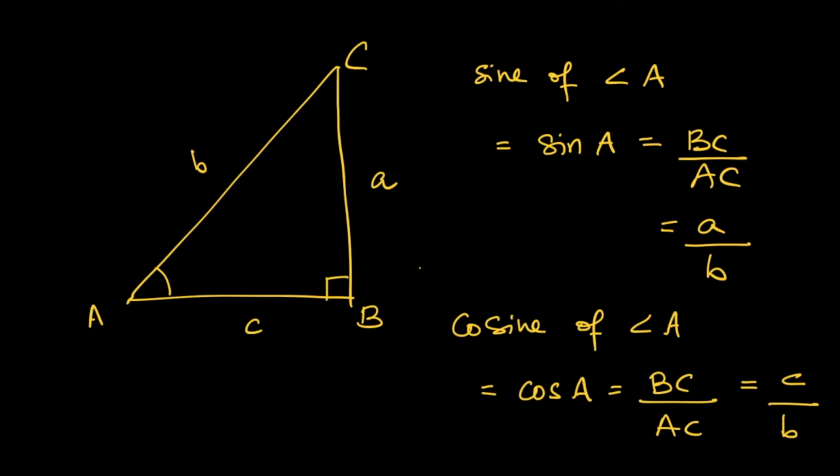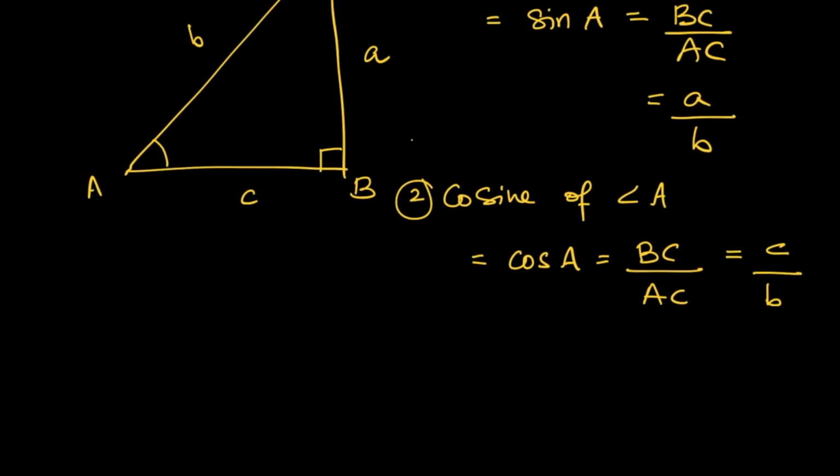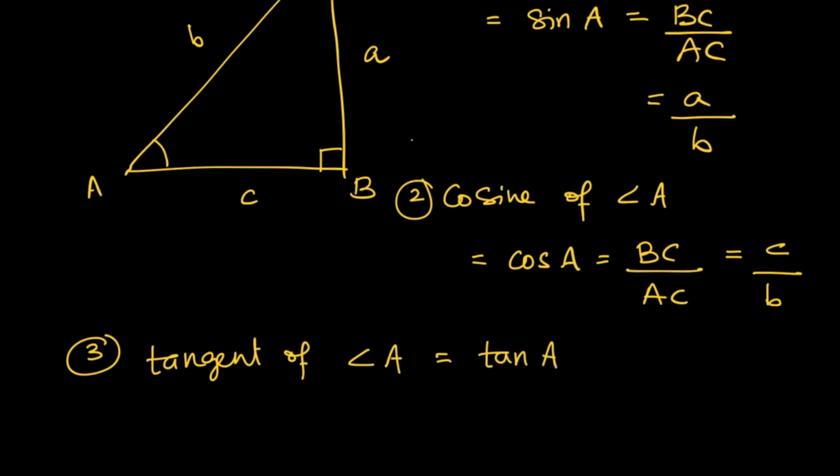So this is the first trigonometric ratio, this is the second trigonometric ratio, and the third trigonometric ratio is what we call tangent of angle A, written as tan A.